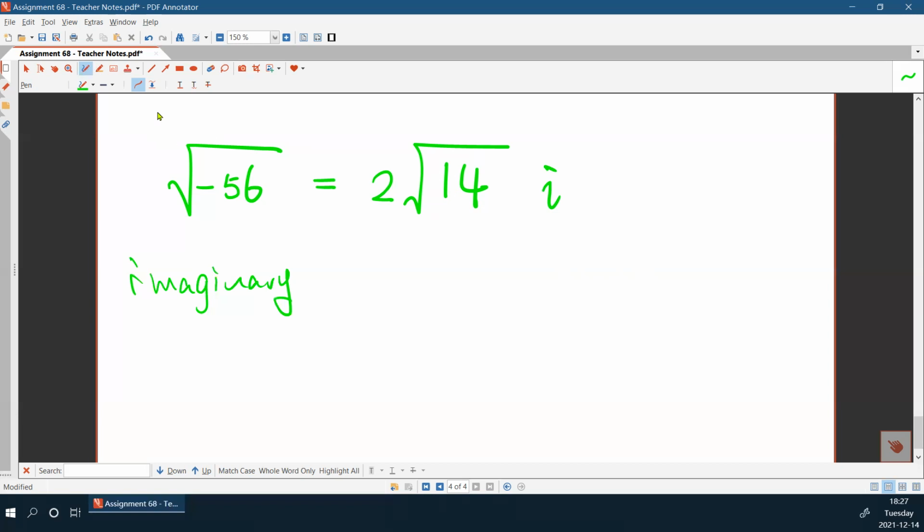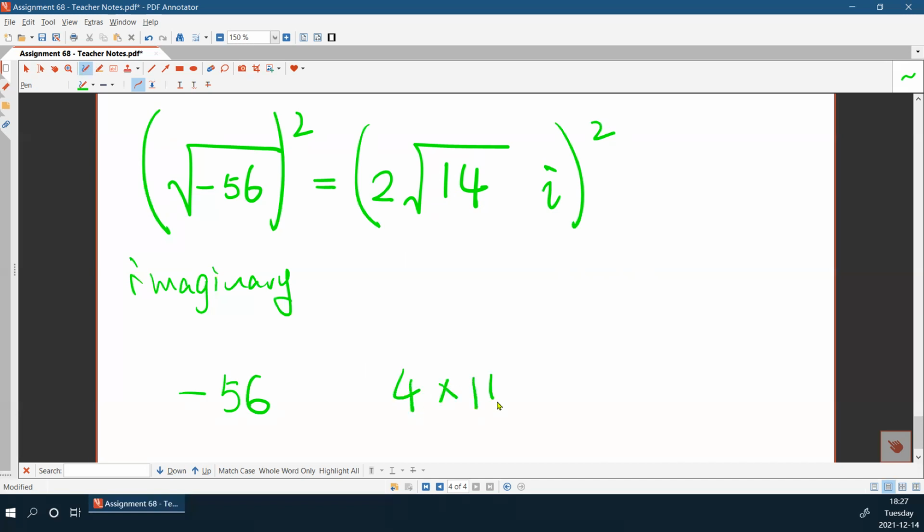And if you verify this by squaring the left side, you will get negative 56. And by squaring the right side, you will get 4 times 14 times i squared. i squared is negative 1. So this is also negative 56, right?